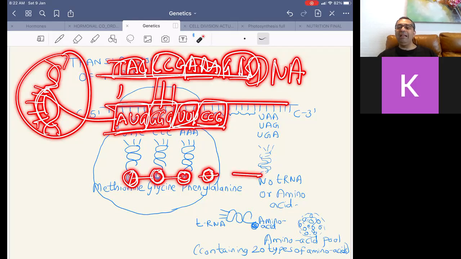So, methionine, glycine, phenylalanine, proline, etc. is the amino acid chain called insulin.